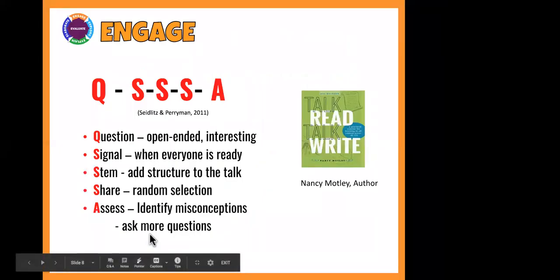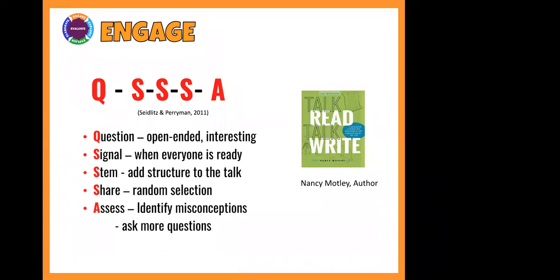I'm going to begin with a quick strategy that I feel truly addresses the way our students learn. This is QTripleS. I actually read about this in a book named Talk, Read, Talk, Write by Nancy Motley. We are going to put a little link of that in the chat box. But basically, English learners need extra think time, right?